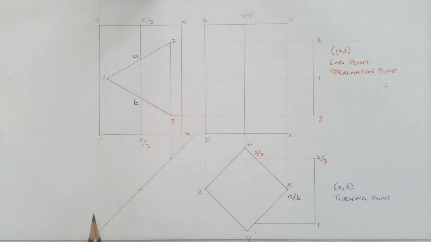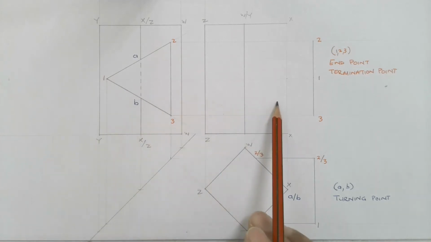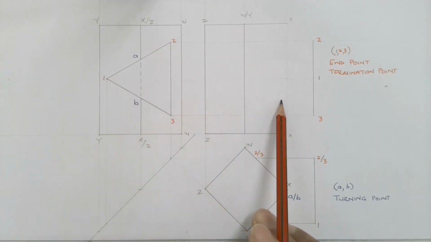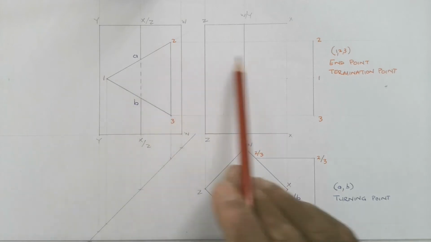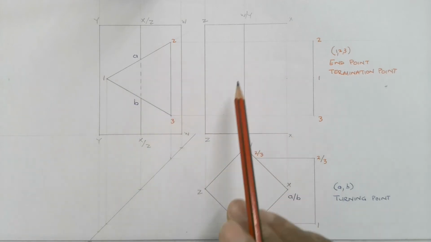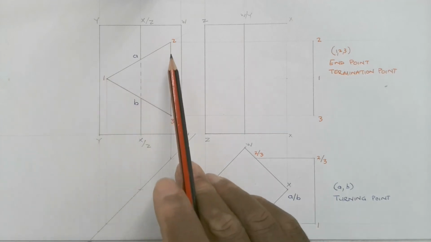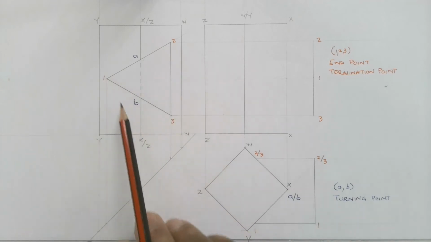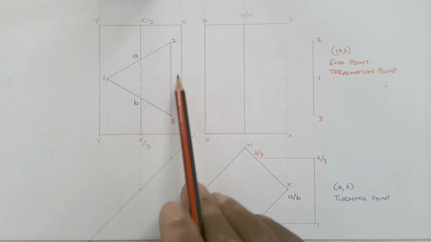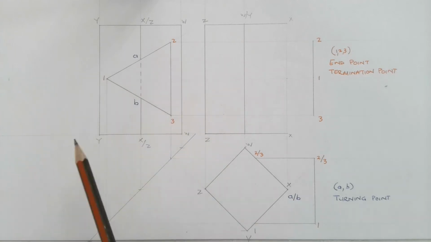Now, take note that I have nothing here as a turning point on the front view, neither I have it over there. So how then do we label this? You could have started anywhere, 1, 2, 3. It doesn't matter how you label it, as long as it is labeled.